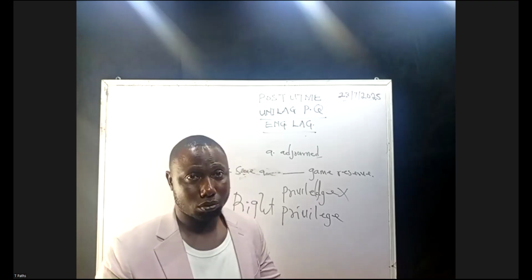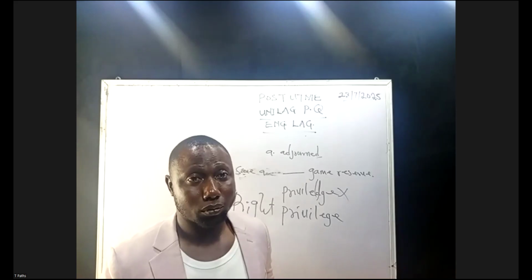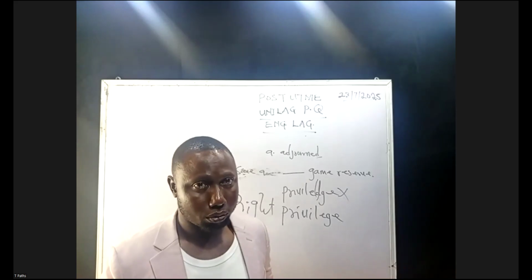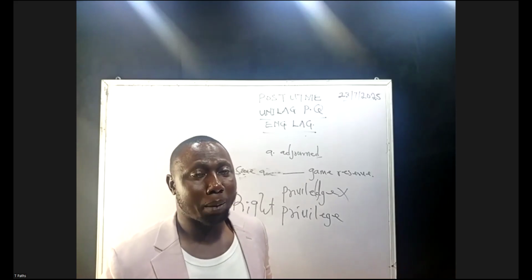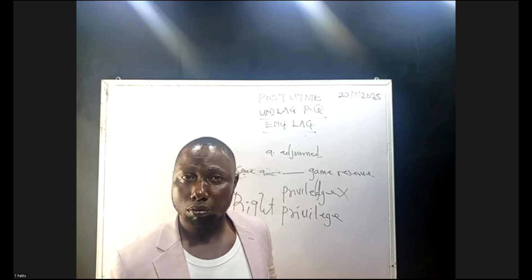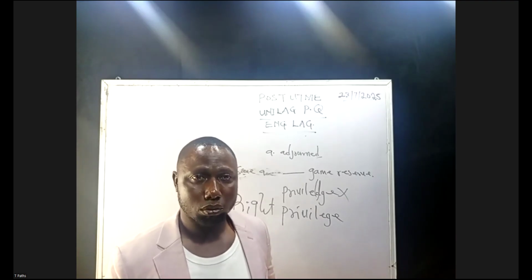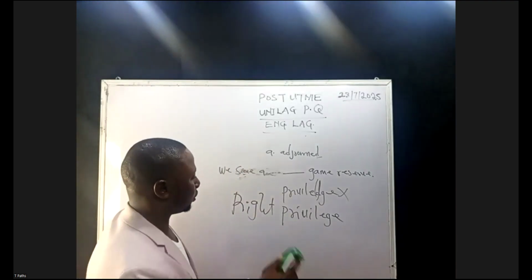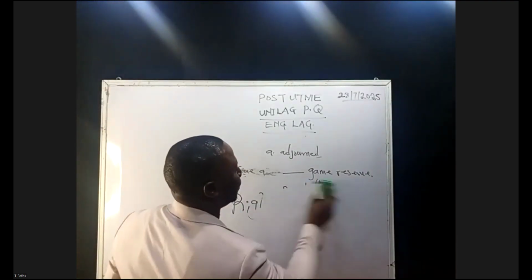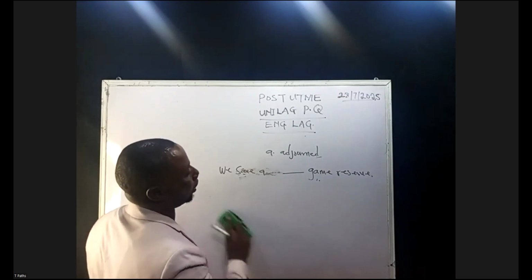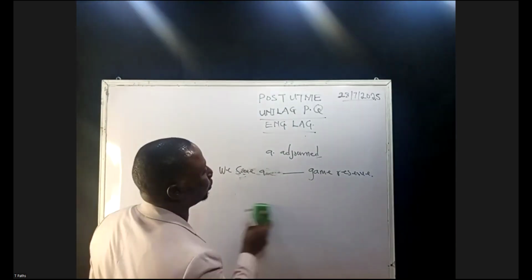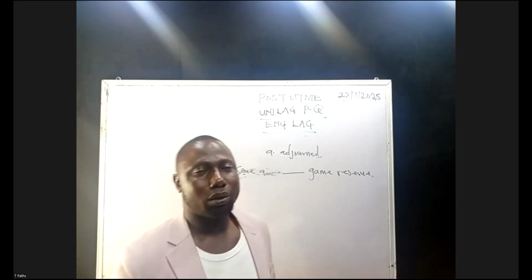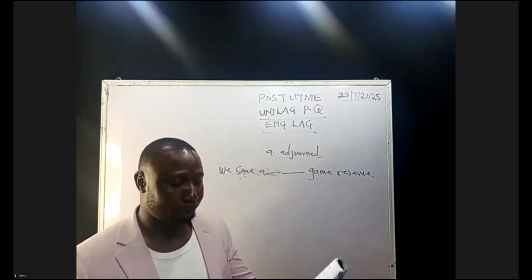The one we have absolute entitlement to is our rights. The one we don't have absolute entitlement to is the privilege. So you should know the difference between your rights and your privilege.